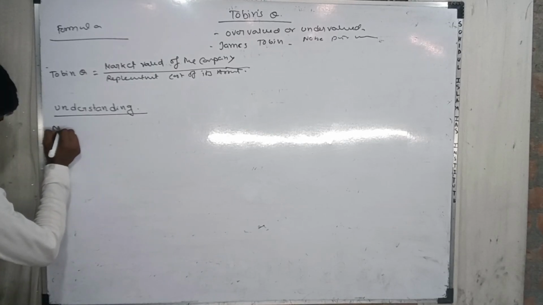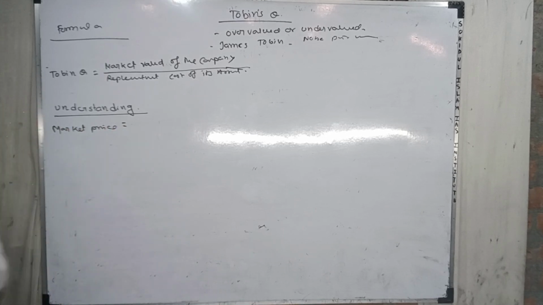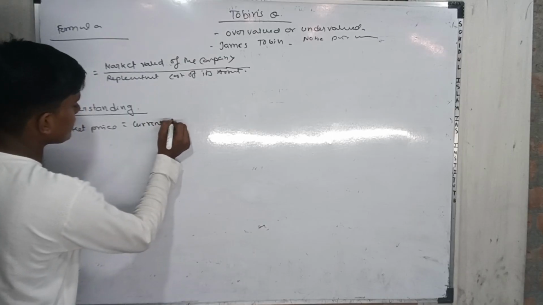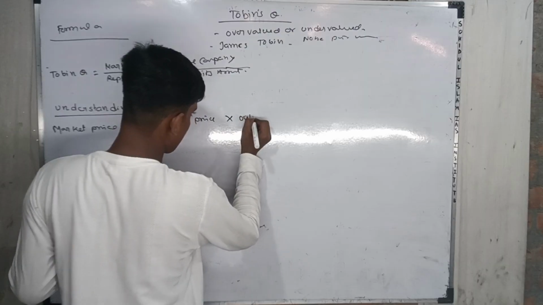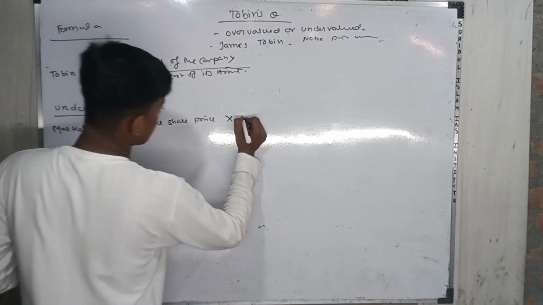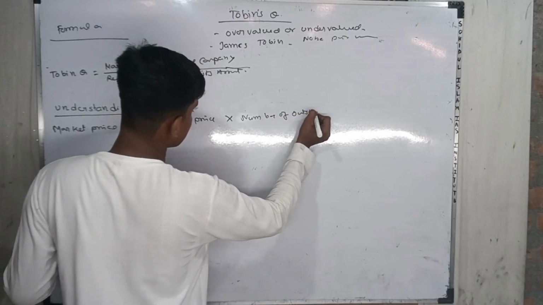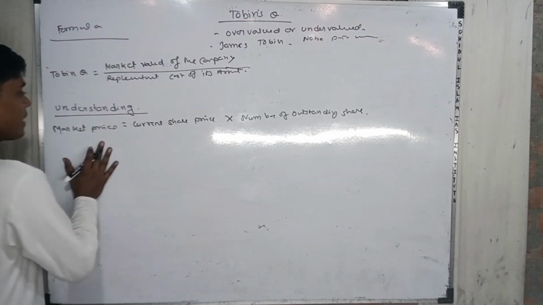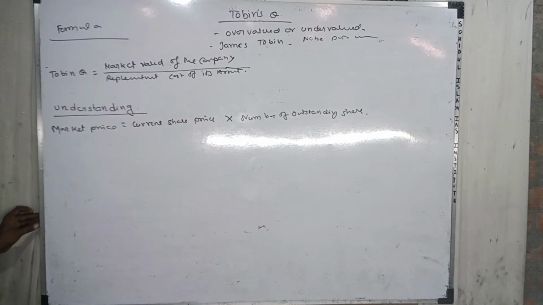Market price is basically the current share price multiplied by the number of outstanding shares.